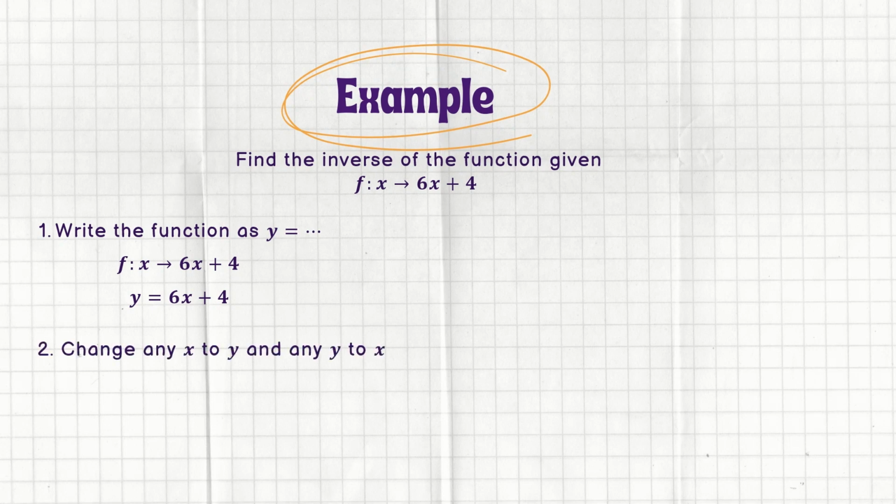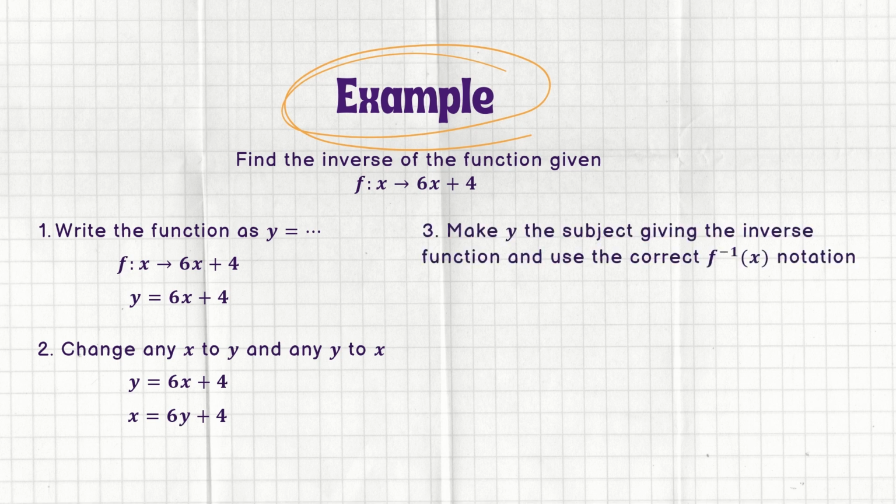Next, step 2 is to change any x to y and change any y to x. So before, we had y equals 6x plus 4. And we need to change y to x and x to y. So we've got x equals 6y plus 4.